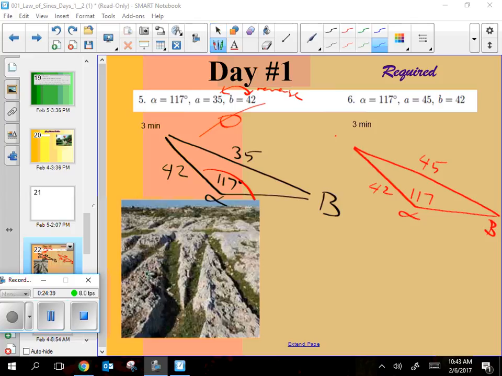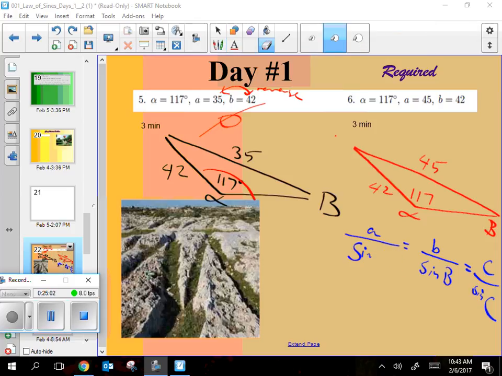First thing I would do is write the formula. A over sine A. And then I just use my iPad's ability to erase perfectly, and I would erase stuff and stick things in. B over sine B. And C over sine C. Okay. Alpha is 117, so I'm going to put, remember I said alpha and A are going to get interchangeable?